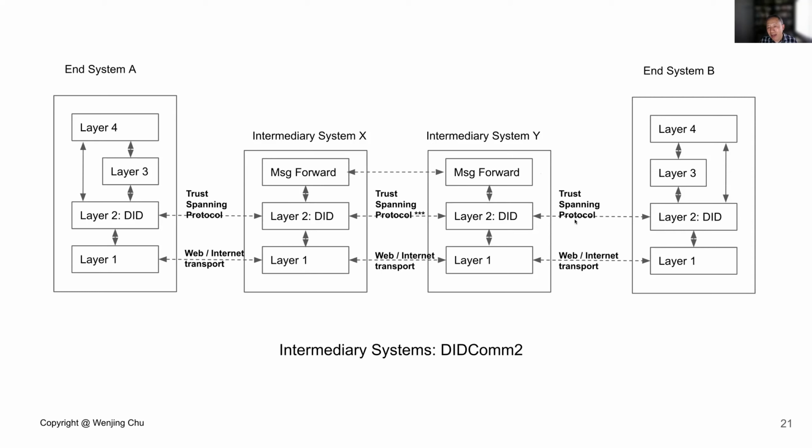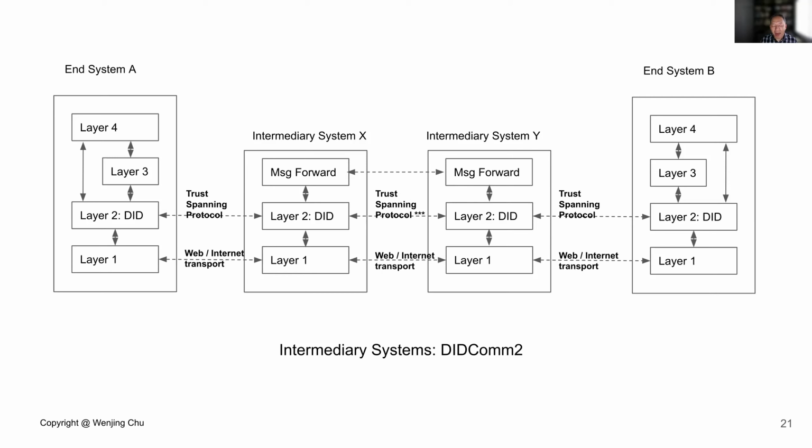Eventually it can be delivered to end system B. It could be many hops away, and it could be quite a different kind of intermediary system when you face system B. So the two end systems can have different choices of which vendor or system you want to choose as intermediary, but they can still interoperate.